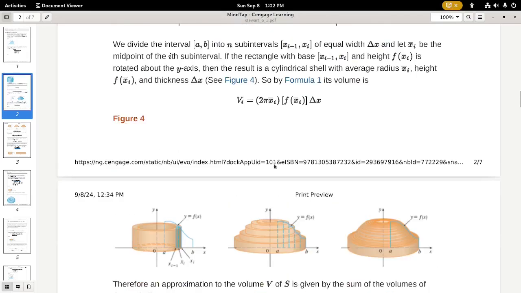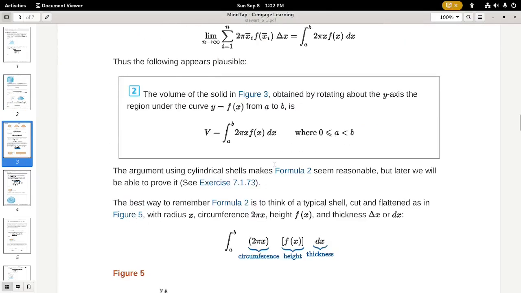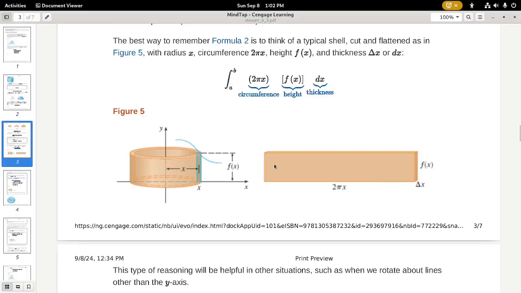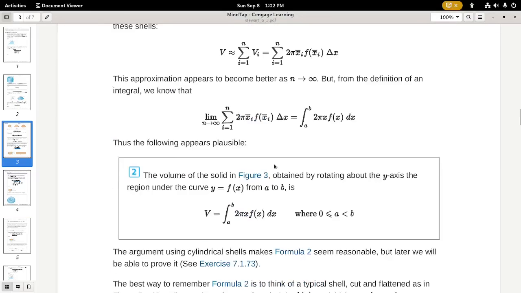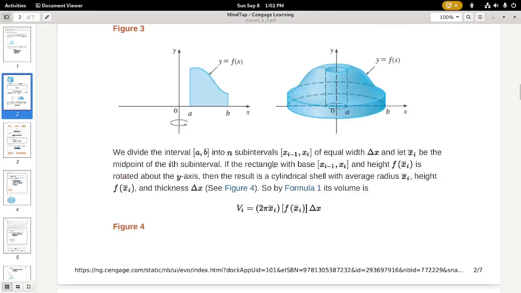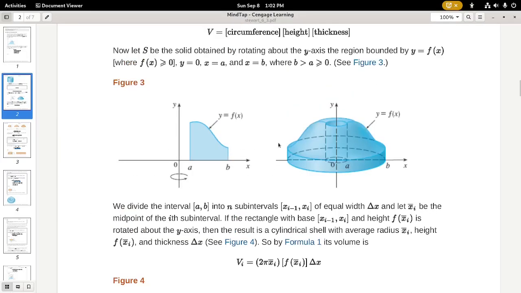So, skip all this. I guess I won't skip all the nonsense here. So what we did in the previous section was, wherever the axis of rotation was, we would cut this area perpendicular.